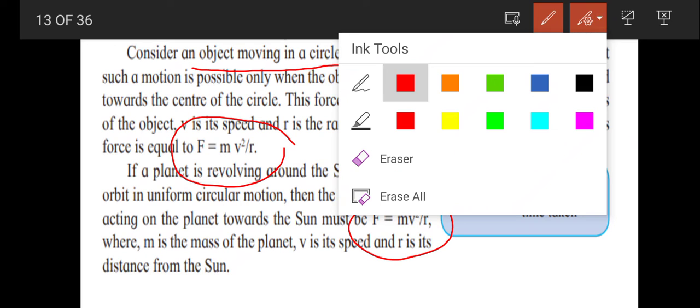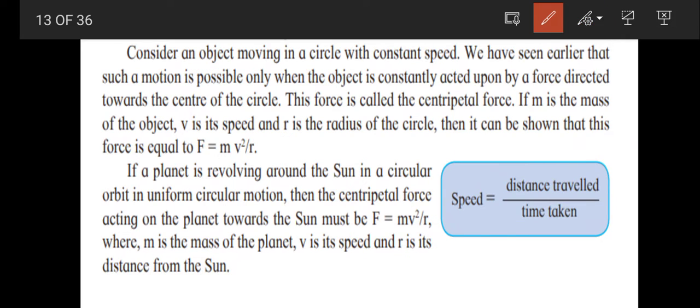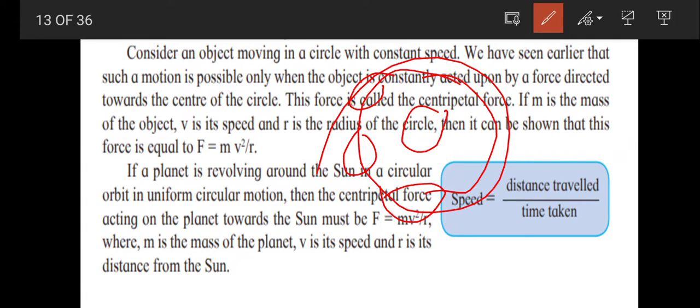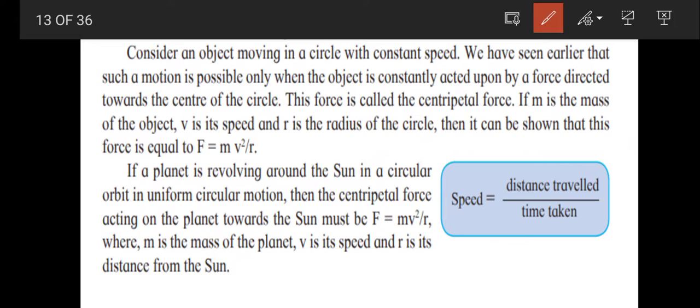Now if you apply this in our system, which system? The planetary system. The sun is there and all the planets are moving around the sun in an elliptical orbit. Here one UCM is performed. If a planet is revolving around the sun in a circular orbit in UCM, then the centripetal force acting on the planet toward the sun is F is equal to mv square upon r.